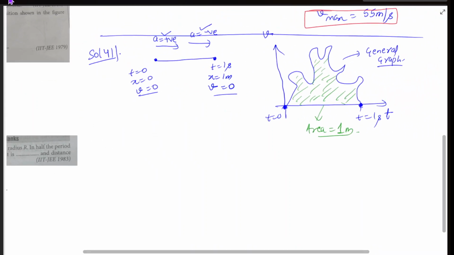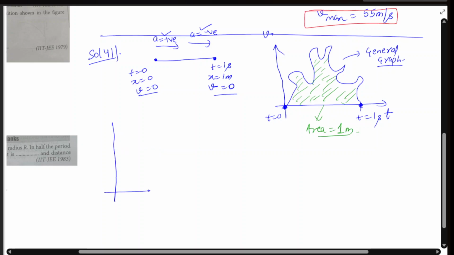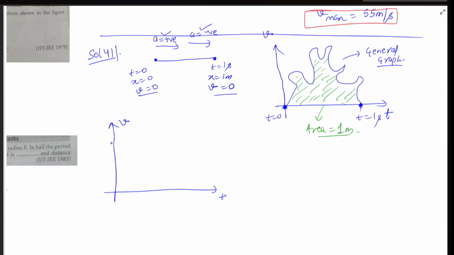Let me make another graph like this. This is T, this is V. What this graph says is that the particle is moving with a constant acceleration, right?